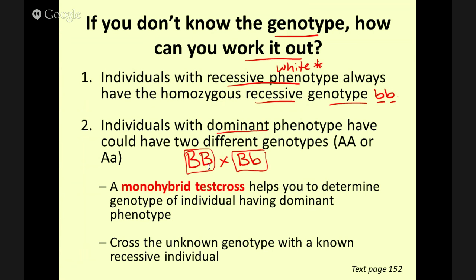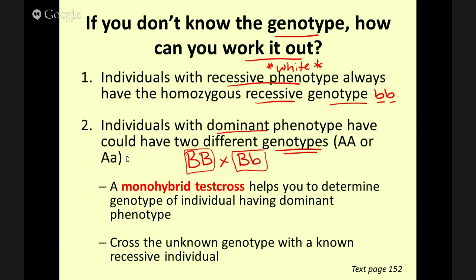So how do you work out which type of rabbit you have? If you're a rabbit breeder, this could be important. Maybe white rabbits are extremely popular and you want more white rabbits. Or maybe black rabbits are really popular and you don't want any white rabbits. So you need to know the genotype of your rabbits and then breed the right ones to get the correct offspring that you want.